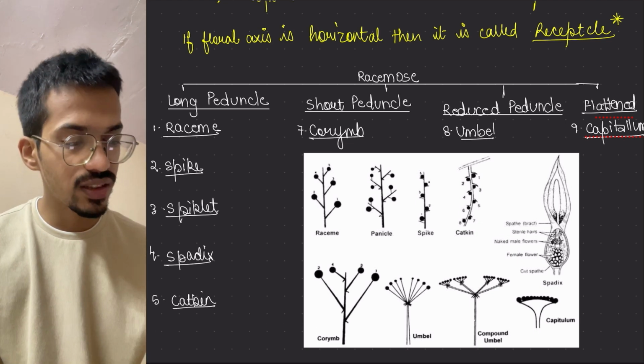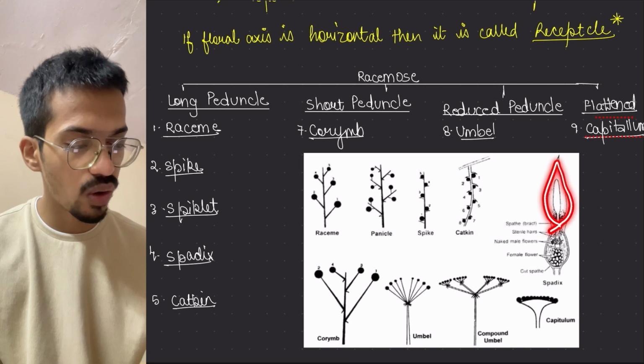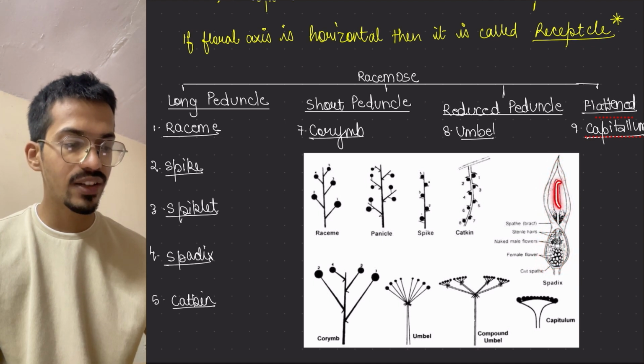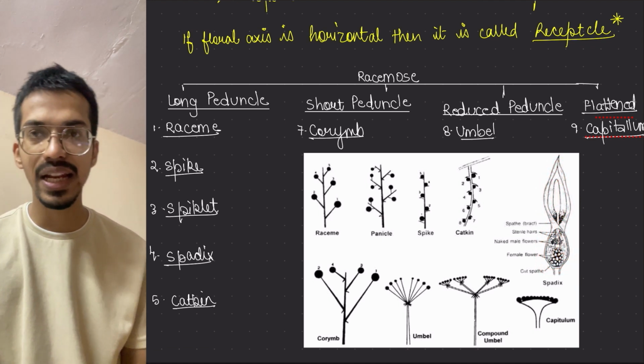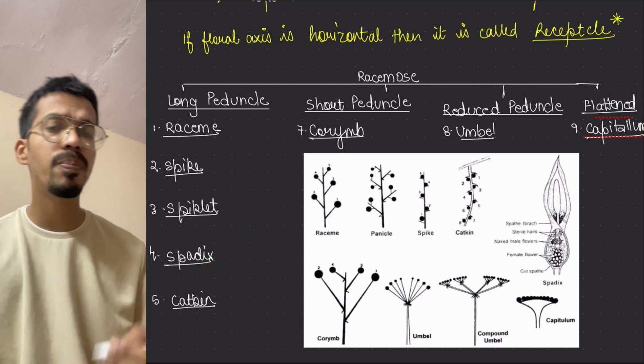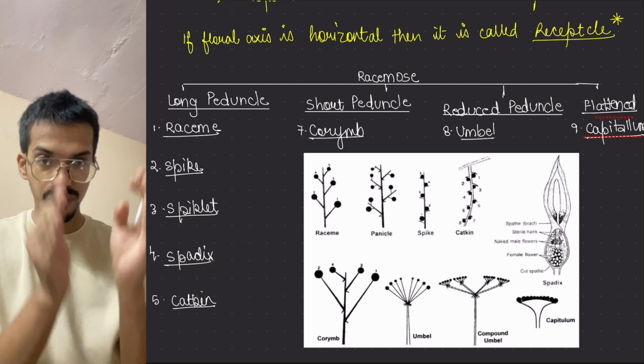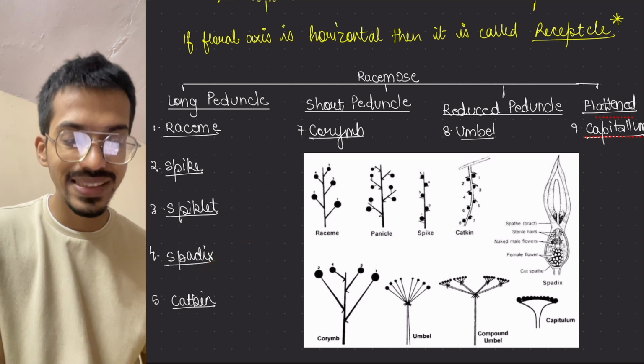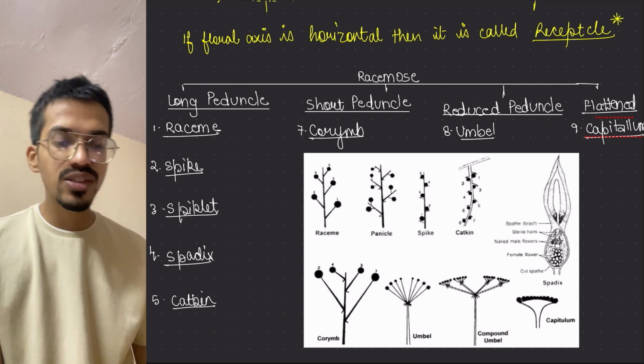Can you see this sheath? It is present around this inflorescence and then it goes down into it. Spadix is seen in the case of banana, which has the red colored covering you might have seen.